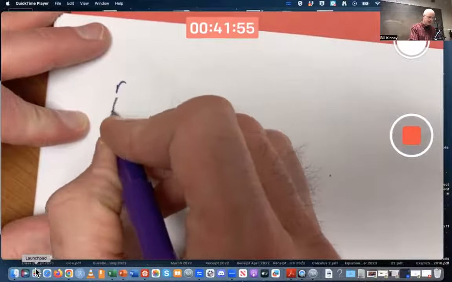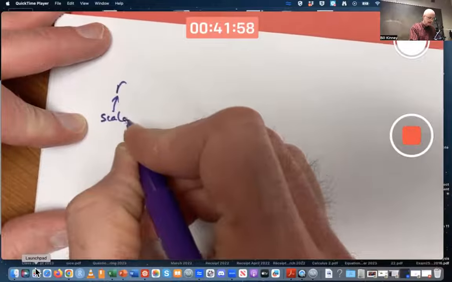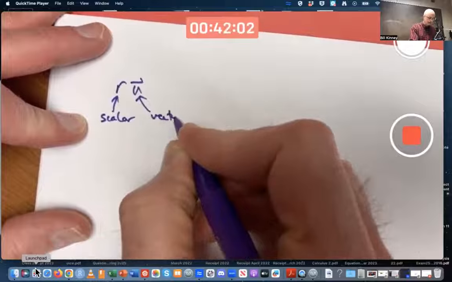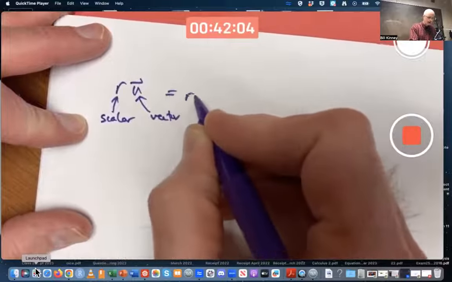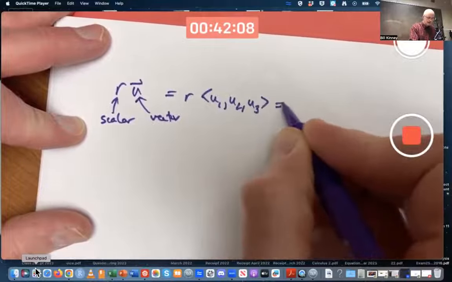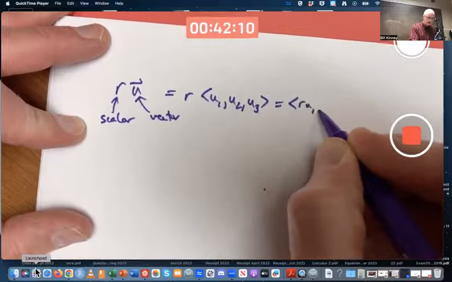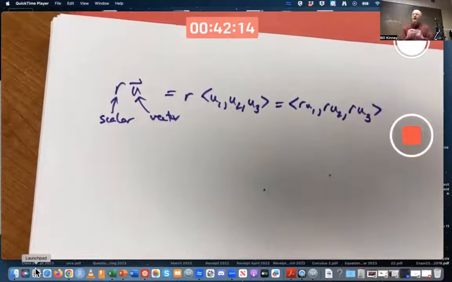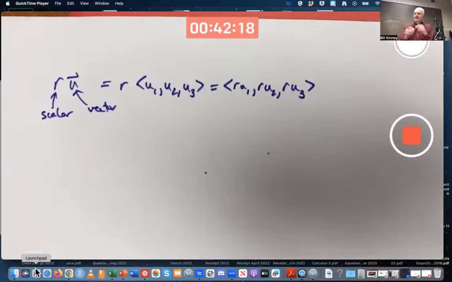If R is a scalar and I'm multiplying it times a vector, I multiply component-wise to get this vector. And if R is a positive number, geometrically, that scales the vector.